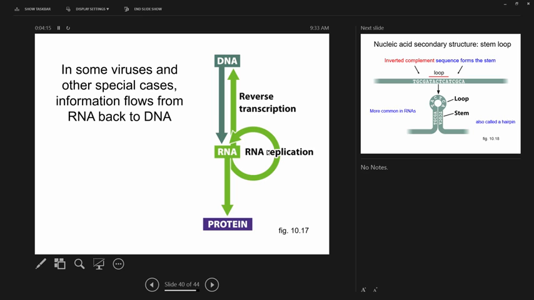So previously it was thought that DNA was always the template, and you could make a DNA copy from DNA, or you could make an RNA copy, and this was the first example of it going back the other way.